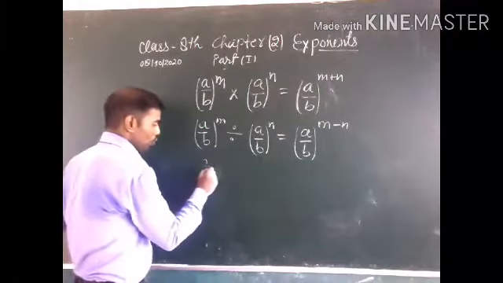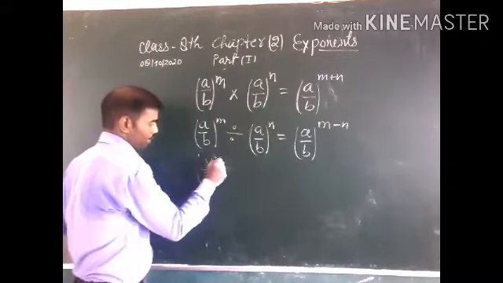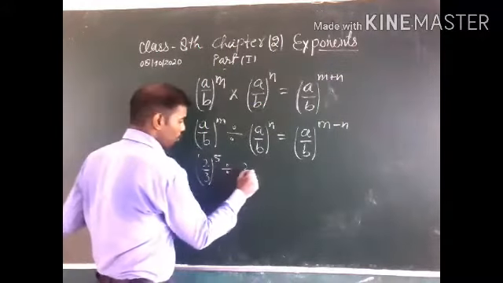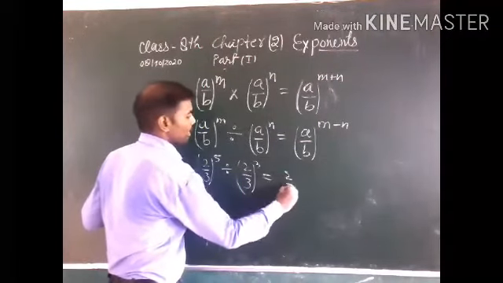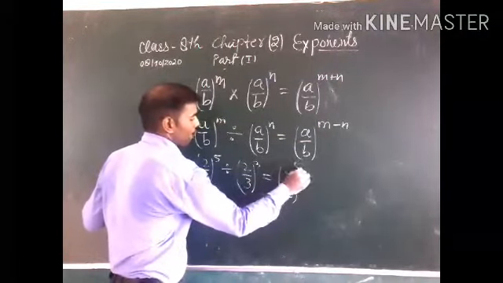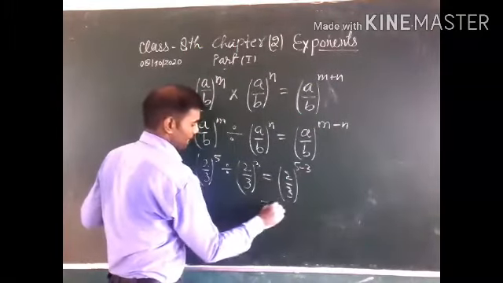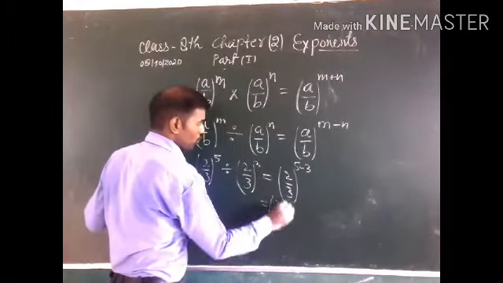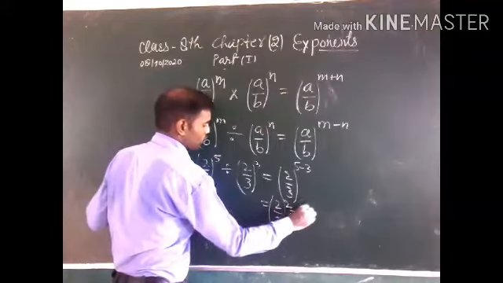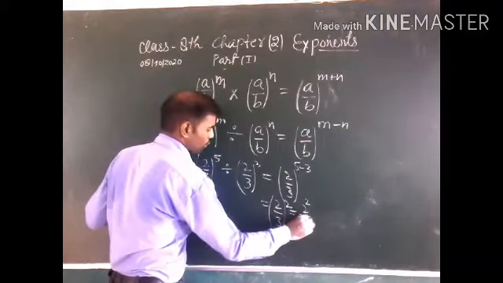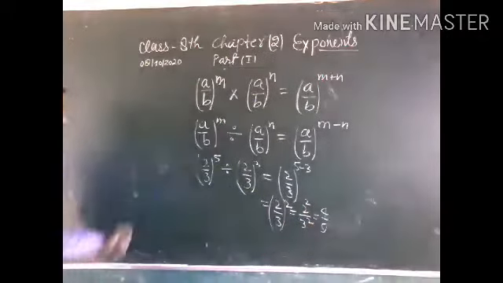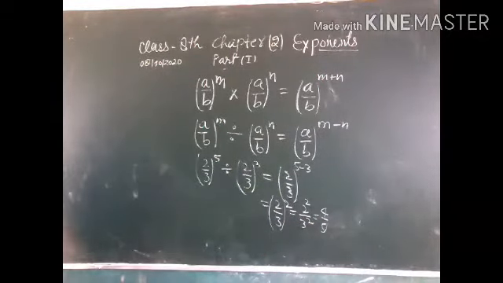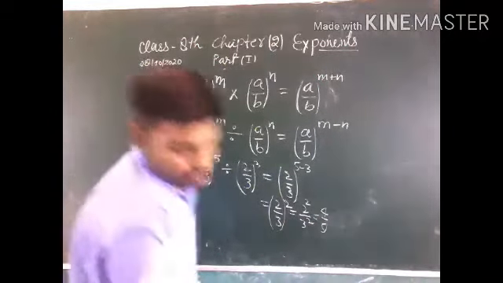Take the example (2 by 3) to the power 5 divided by (2 by 3) to the power 3. It means (2 by 3) to the power 5 minus 3. You will get (2 by 3) to the power 2, that is 2 to the power 2 upon 3 to the power 2, which means 4 by 9. So this is the complete explanation of the given formula.